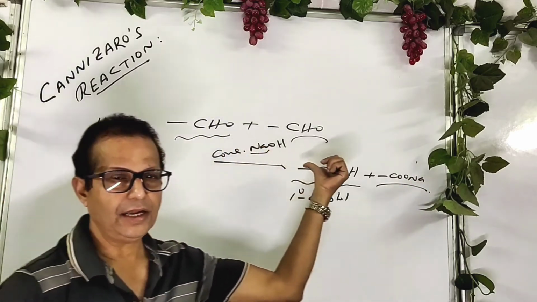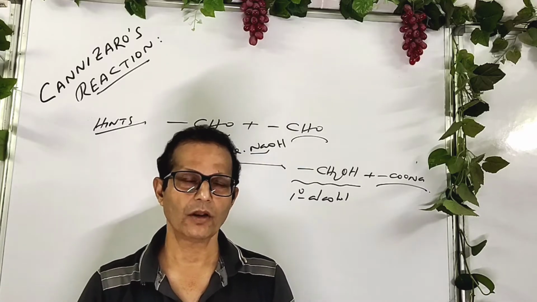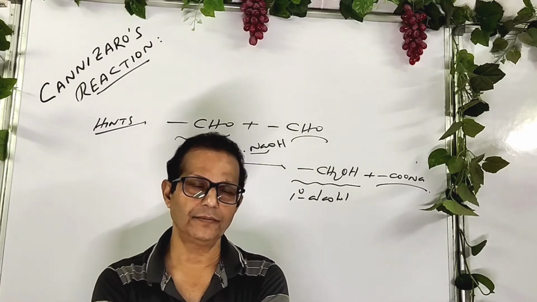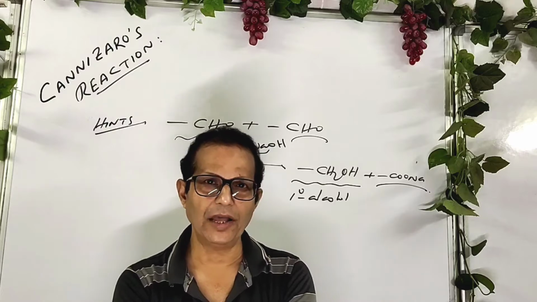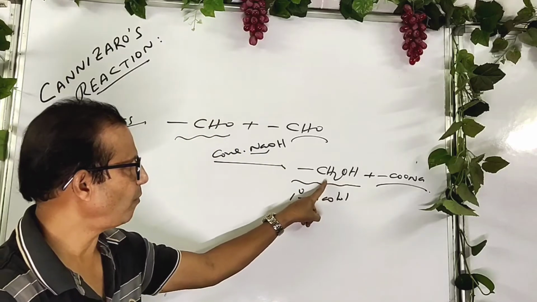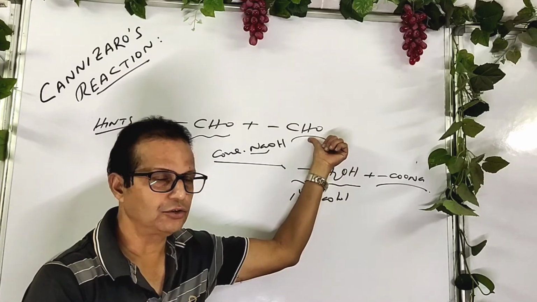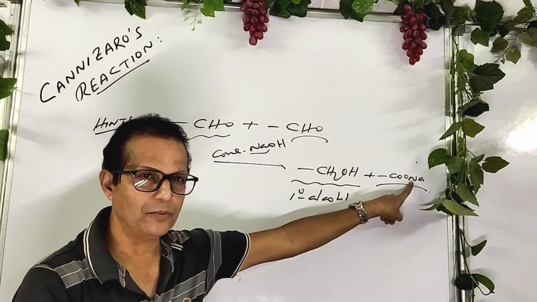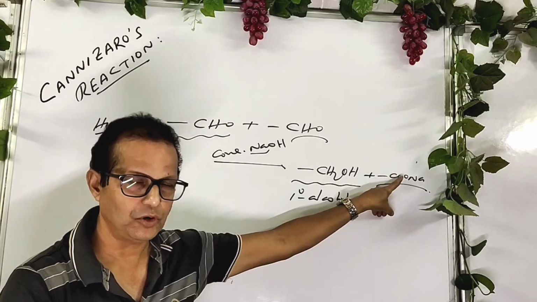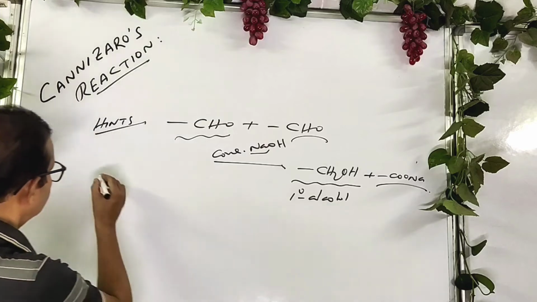So this is the technique to know the Cannizzaro reaction. One molecule of aldehyde reduces to primary alcohol. Another molecule of aldehyde oxidizes to salt of carboxylic acid. Now example.